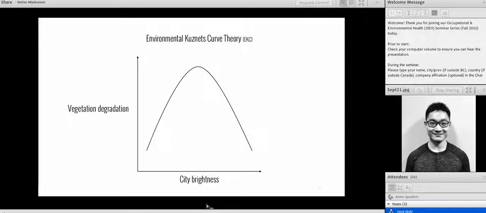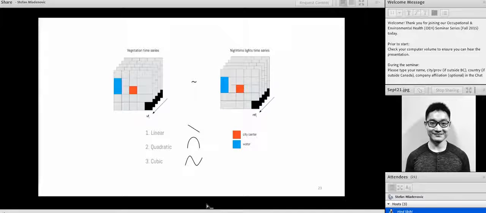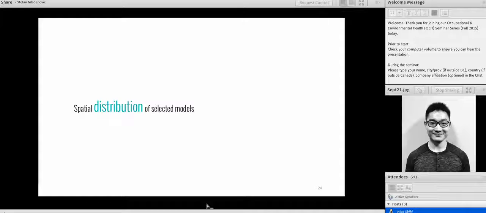So I have the time series of vegetation, a trend of how vegetation is changing, and another trend for lights. Then I can compare: are they linearly related, quadratic, or cubic? This is the environmental Kuznets curve: it goes up and then down. And because in remote sensing we have space, we can map them and see the distribution of the models.